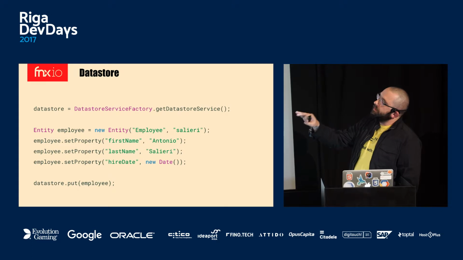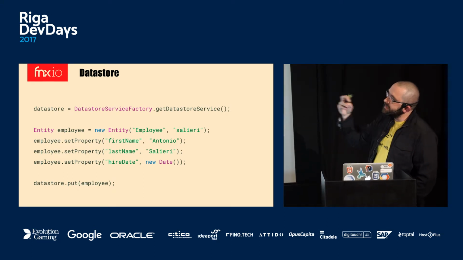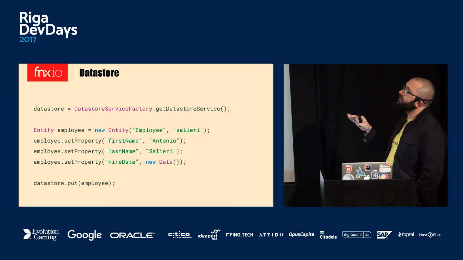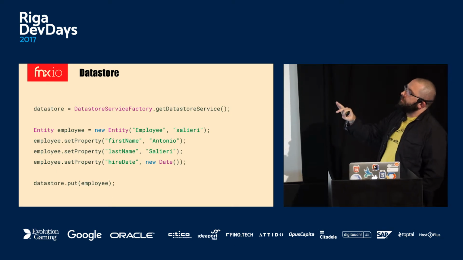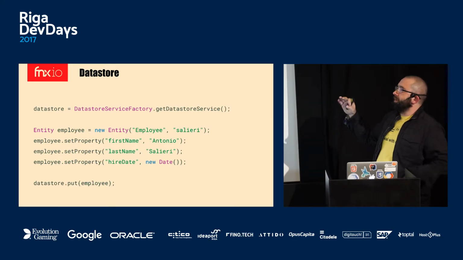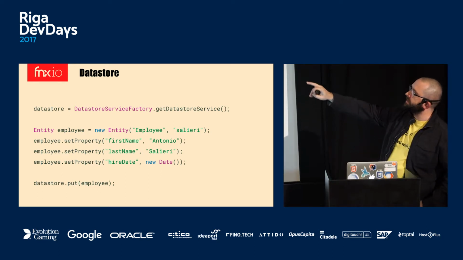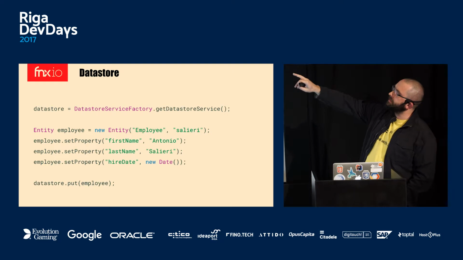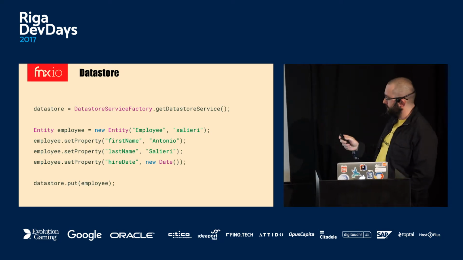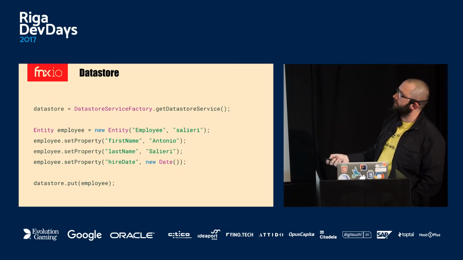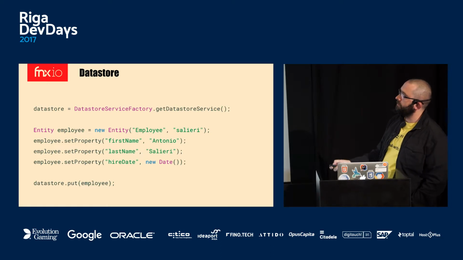You can use JPA or JDO, but it has a low-level API. Datastore is actually just a huge hash map of hash maps. So Mr. Salieri here is one hash map with those 3 keys.